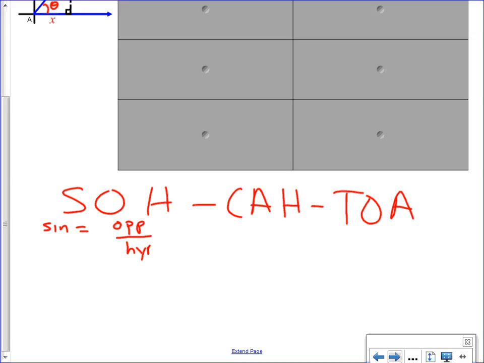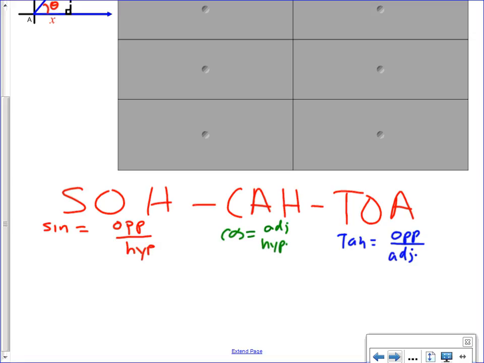That's what the SOH part means. C stands for cosine, which is adjacent over hypotenuse. And tan is opposite over adjacent. Opposite over adjacent.